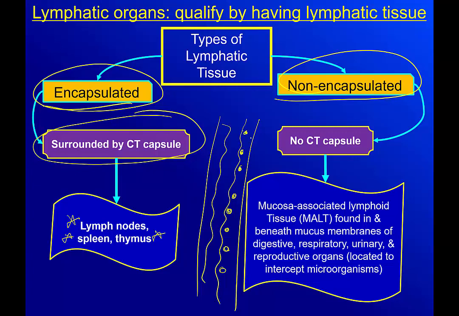Now, they are not their own independent organ. They're literally embedded inside of that intestine. It's called the mucosa-associated lymphoid tissue. So since they're not their own organ and encapsulated in their own connective tissue coating, we say that they are non-encapsulated, okay?